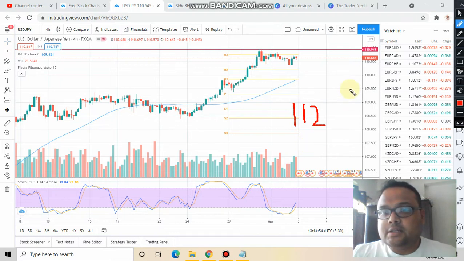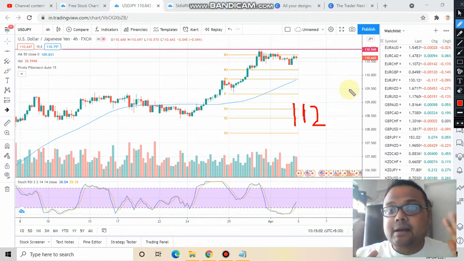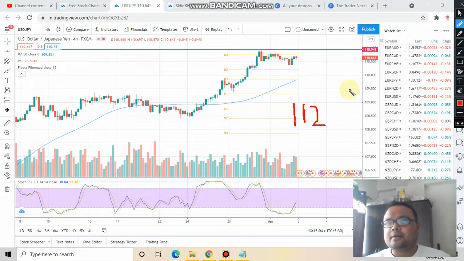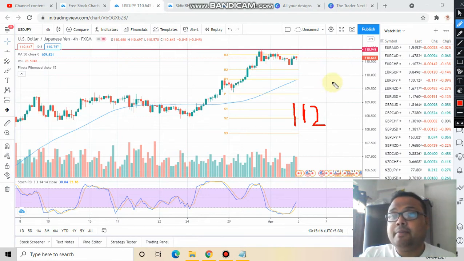There is a struggle going on between the bulls and the bears. Just try to understand the market psychology here. In a market condition like this, what should you do? If we follow the overall trend, the trend says that we should go for a buy, because till now the market has been dominated by the bulls.